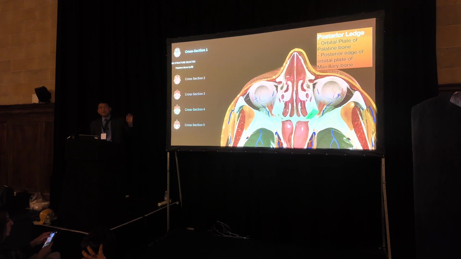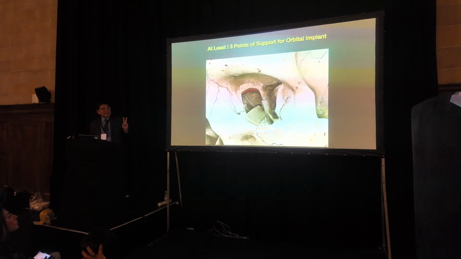If the palatine bone or the posterior ledge has been fractured, we have a difficult time. Sometimes the implant put in the back part is going to drop inferiorly. So at least we need 3 points for support.